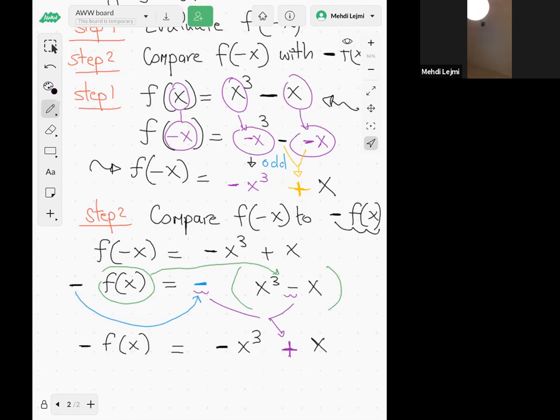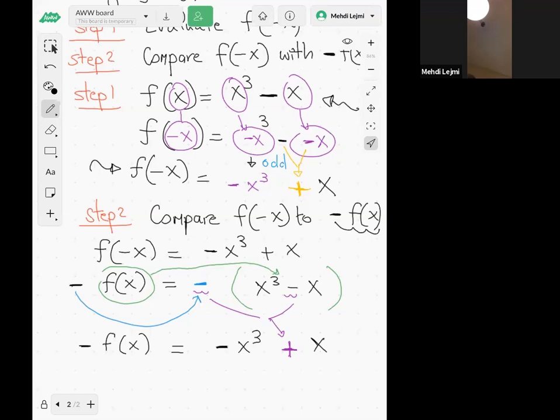So you see why the parentheses are important, because if there are no parentheses, it's just minus x cubed minus x, but that's not true. You need the parentheses around f of x, and then when you distribute the sign, the minus became a plus.